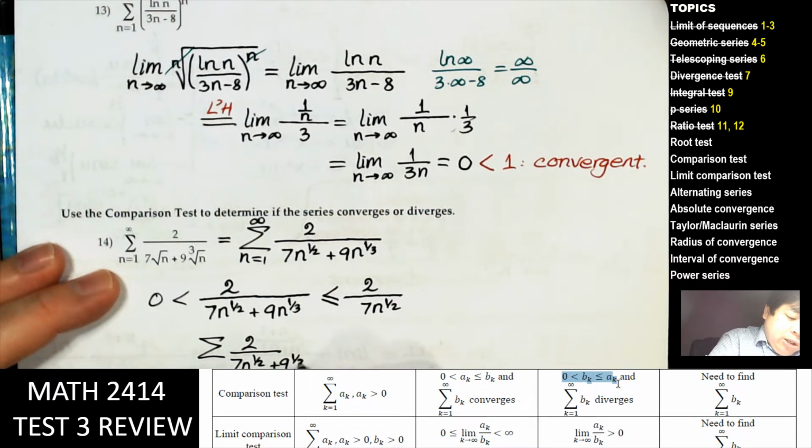If each term is less than, the sum certainly will be less than or equal to as well, n equal to 1 to infinity.